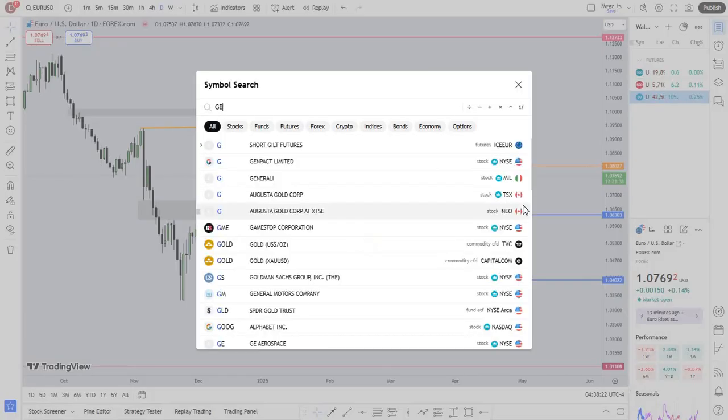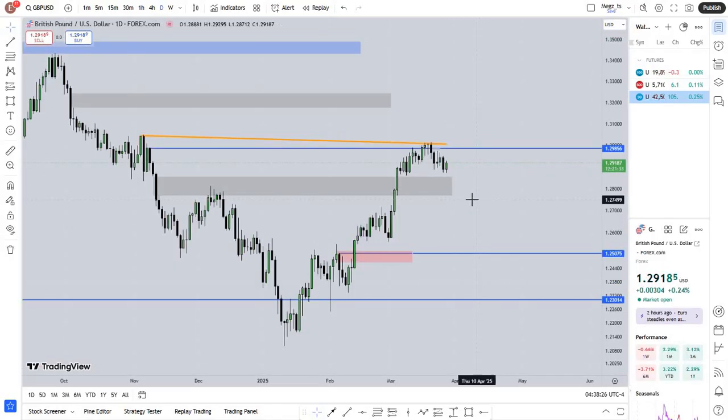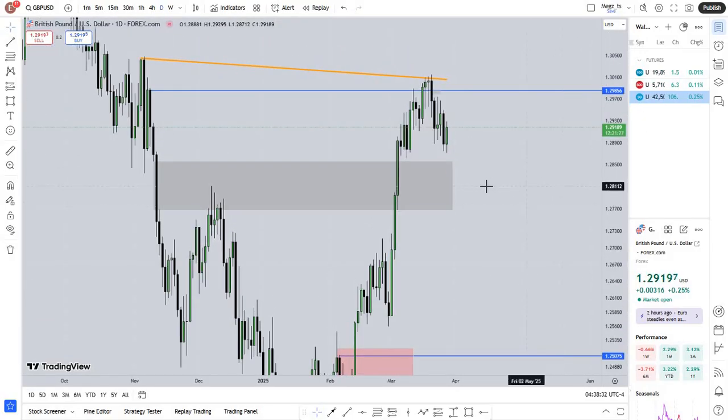So GBPUSD. I talked about going to this low. This one is not really moving too fast. The EURUSD is kind of lighter, it wants to go lower more than this. So if I were trading this pair, I would stick to EURUSD, because it's moving more than this one right here.